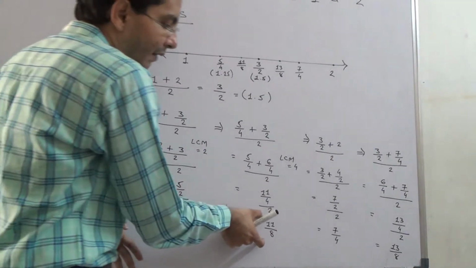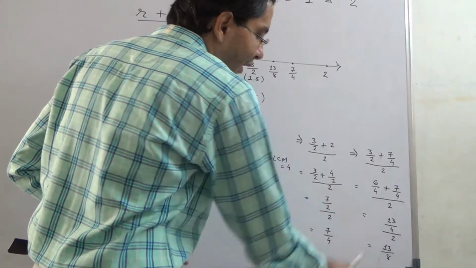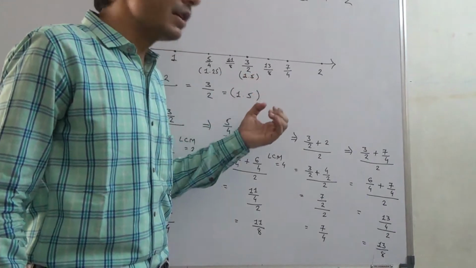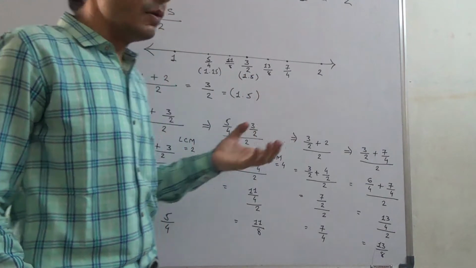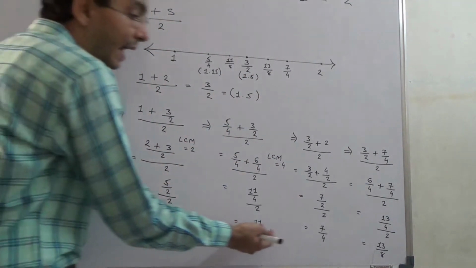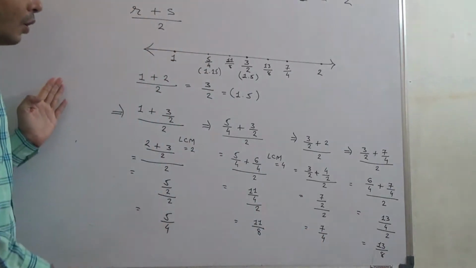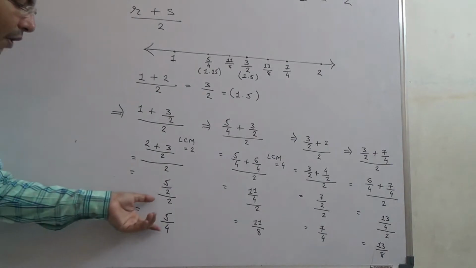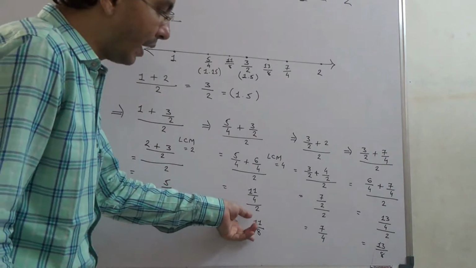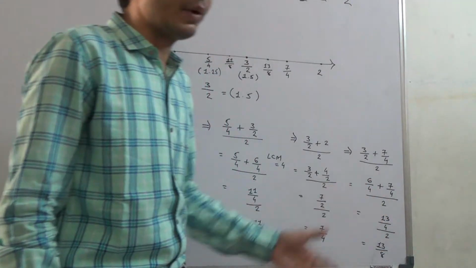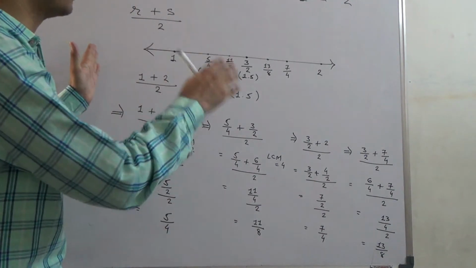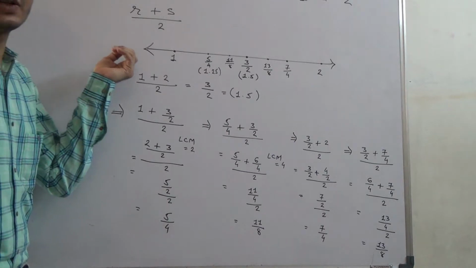But if a question arises in your mind about how this answer came, here the whole explanation is given, so from where 5 by 4, 11 upon 8, 7 upon 4 and 13 upon 8 come. So I think this one is very easy to understand.